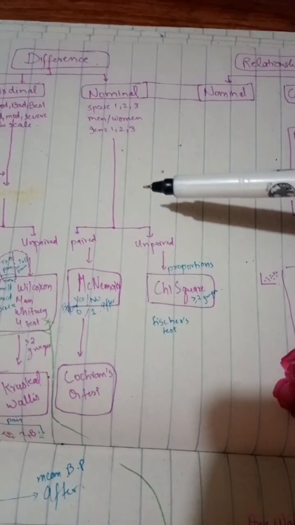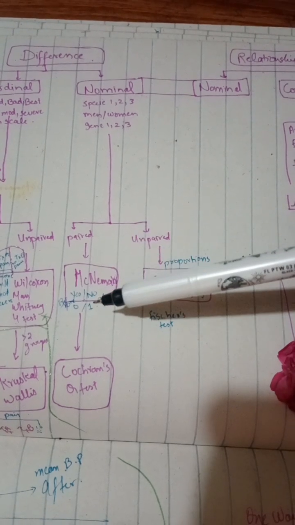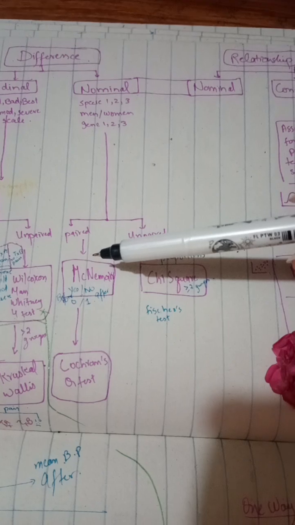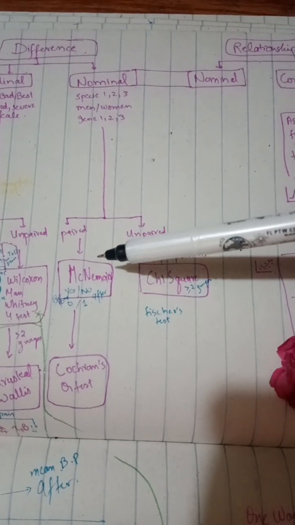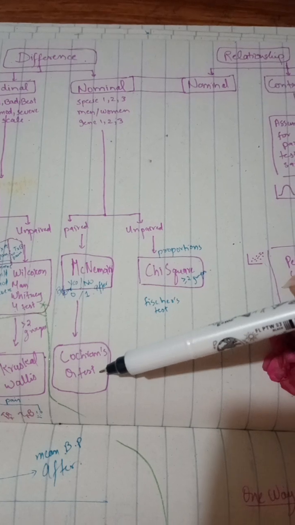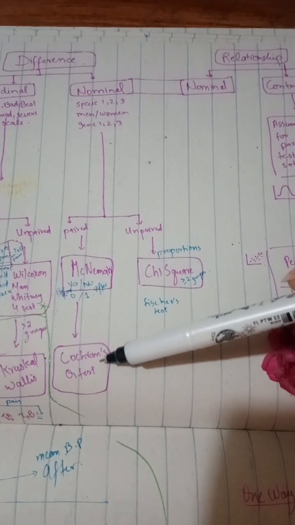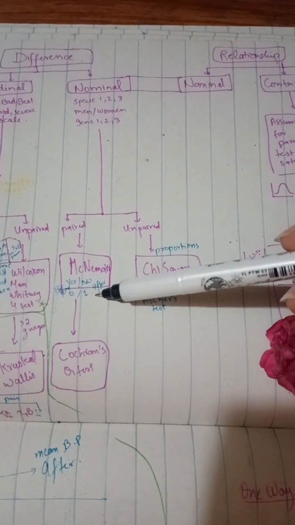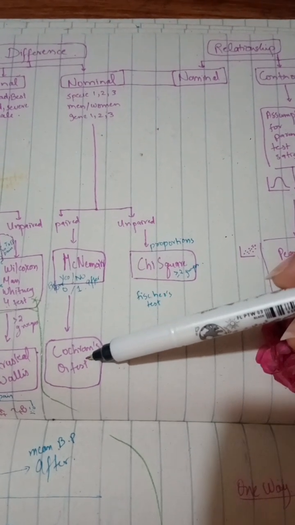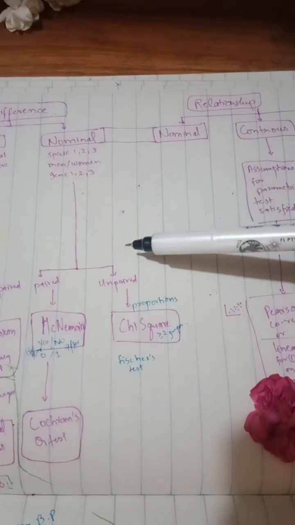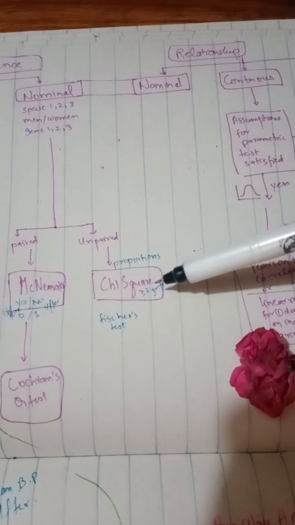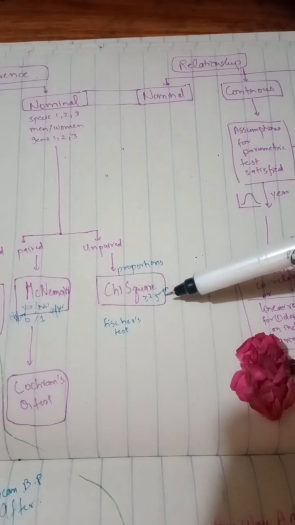If this is paired, for example yes or no answers before a certain treatment or after a certain treatment, then we are going to use McNemar. And if more than two groups, then we are going to use Cochran's Q test. I have not made mnemonics for these because these are, you can say, least tested. And now if they are unpaired and they are proportions, then we are going to use chi-square. Chi-square will also be used for more than two groups.